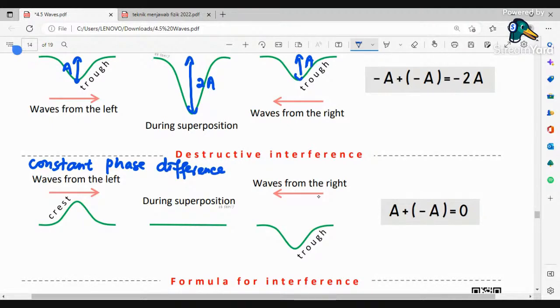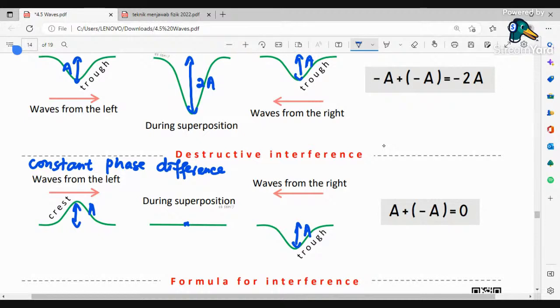Let's look at constant phase difference. A crest meets a trough. Amplitude A. This one also amplitude is A. Both coming from coherent sources. When they meet here, resultant amplitude or displacement equals A minus A, because A plus negative A, trough is negative.